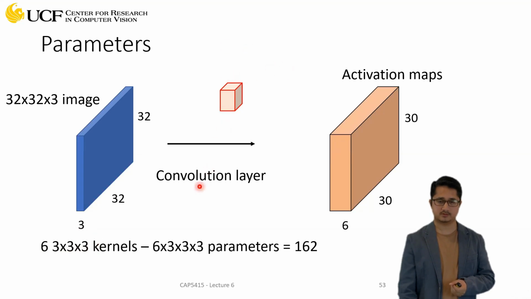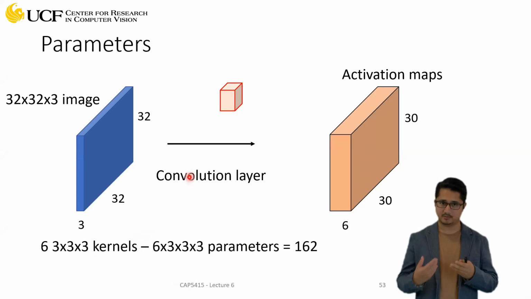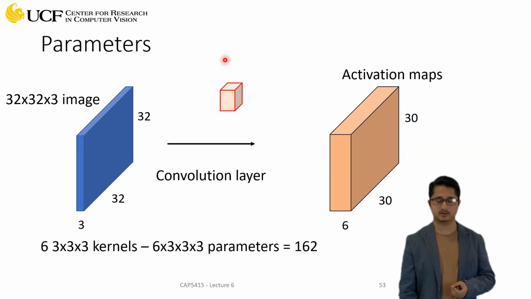So that constitutes this convolution layer. And if we use this convolution layer on this input data, we'll get something like this form of activation map. Now, if we have to say how many parameters we have in this particular convolution layer, we can just count these parameters. This is going to give you 162, which means this convolution layer has 162 different parameters.